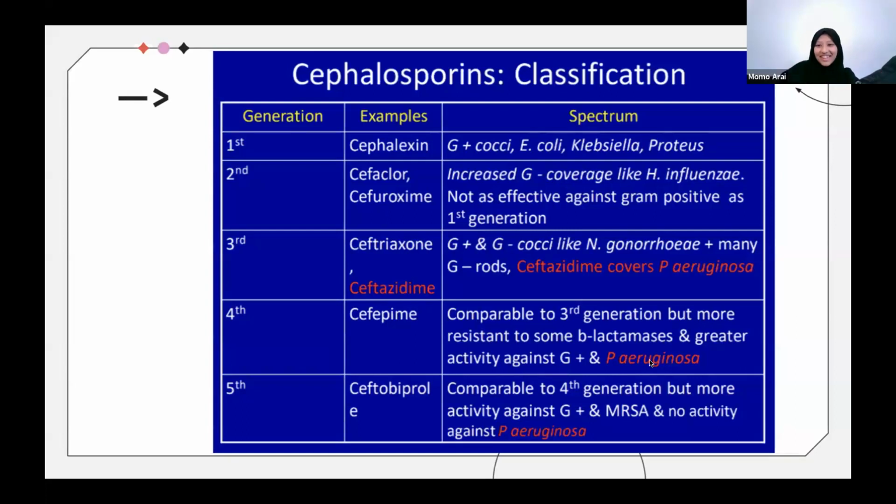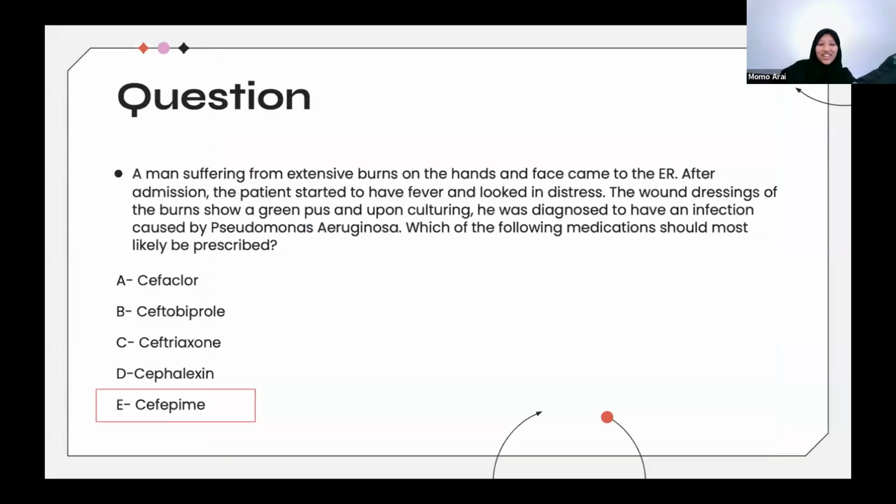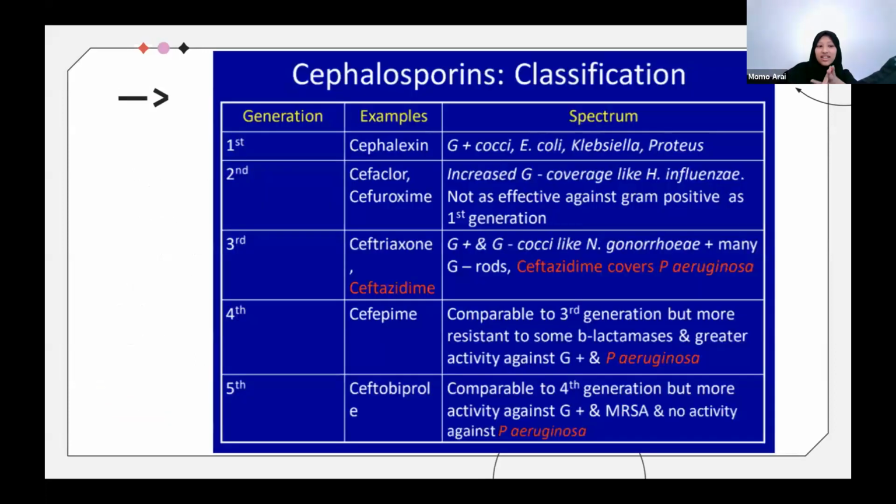Can you go back to the slide again? So the answer is E, cefepime. It's the fourth generation anti-pseudomonal drug. B is fifth generation, but it has no activity against Pseudomonas. So make sure you remember those two. The only two from the drug list were cefepime and ceftazidime.